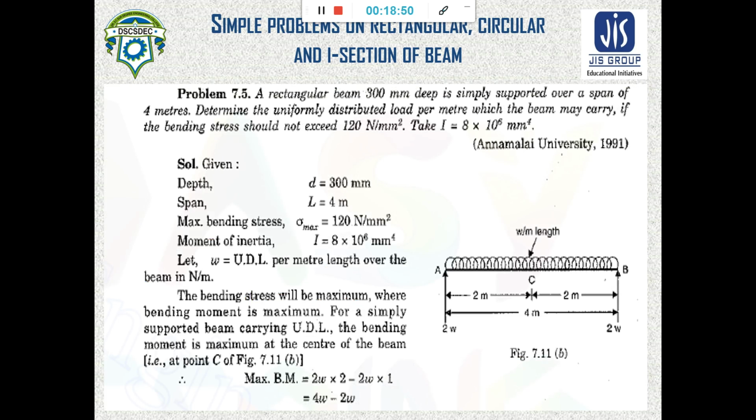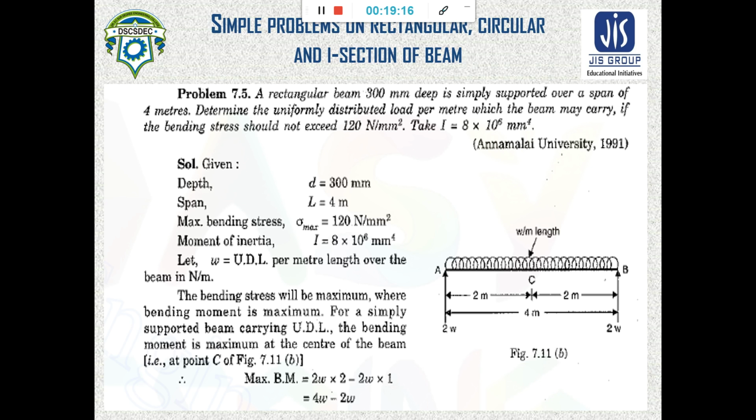So next we will see another example of a UDL case in which section modulus is used. Here what is the problem? A rectangular beam of 300 deep is simply supported over a span of 4 meters.